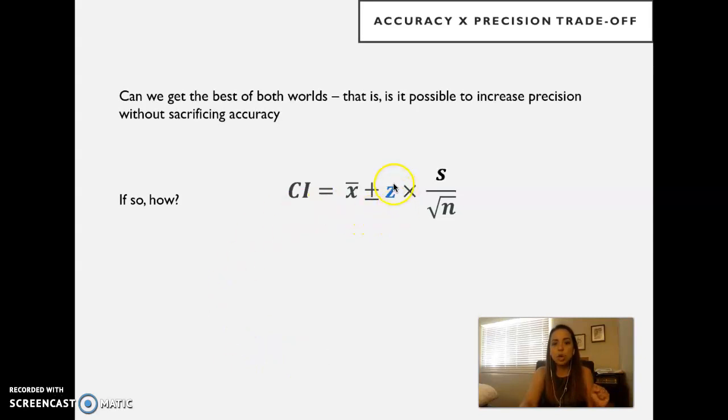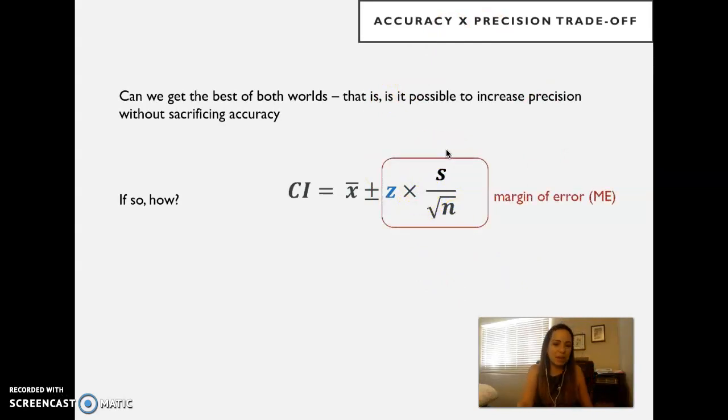We can set our desired accuracy by setting the z-value to be one that embraces 95%, 99%, 90%. So you choose the level of confidence. To guarantee that level, you will not need this very large interval. We need to think about how to play around with this number here.